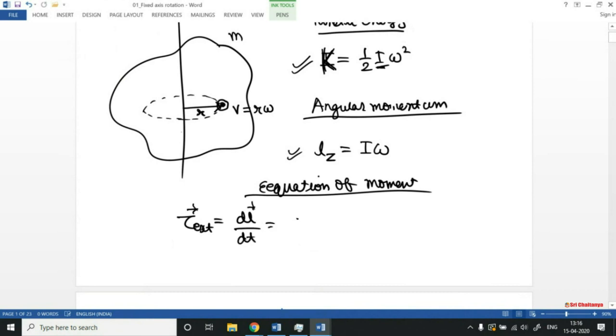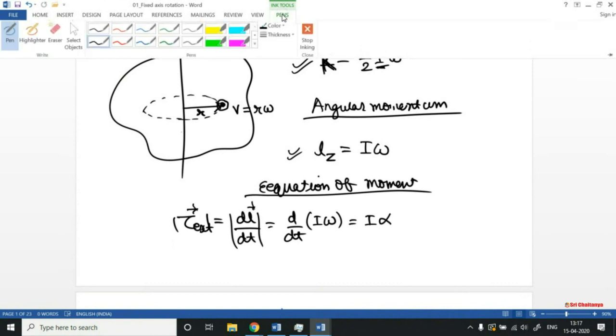For purely rotational motion of a rigid body, L can be written as I omega. So this will become I into d omega/dt, that would be equal to I alpha. So tau external is equal to I alpha would be a very, very important equation for us. And next we are going to discuss problems based on that equation only. So let's do some problems over here.